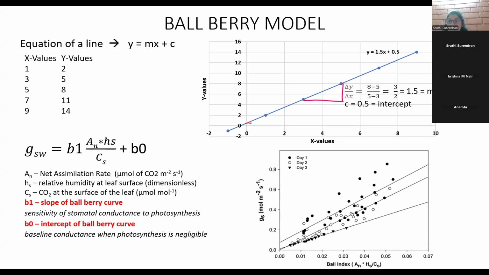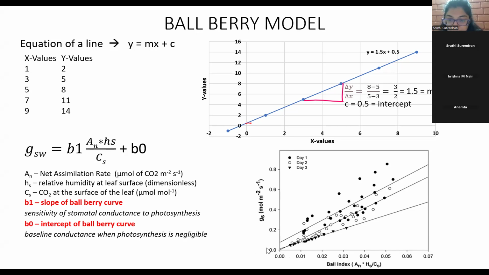Relative humidity and carbon dioxide concentration are not going to be 0, so the x-axis will be 0 only if the photosynthetic rate is 0. So when photosynthesis is 0, what the stomatal conductance will be is the interpretation of the intercept value in this equation. The intercept gives us the baseline conductance when photosynthesis is negligible or 0.